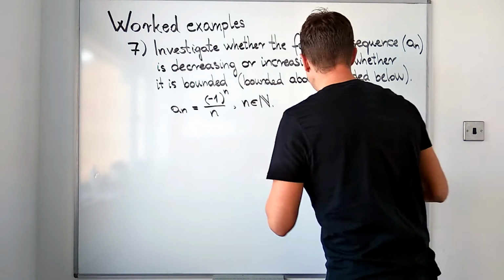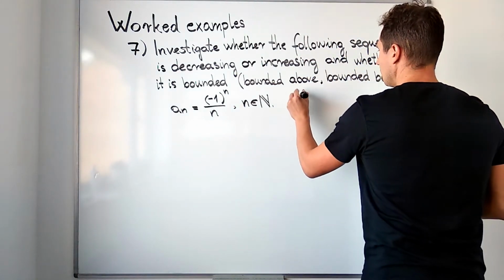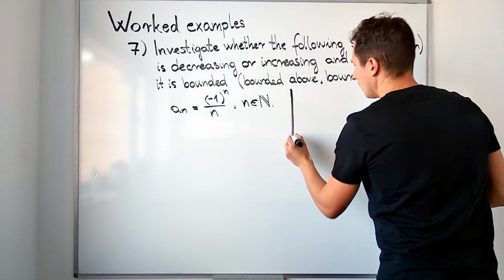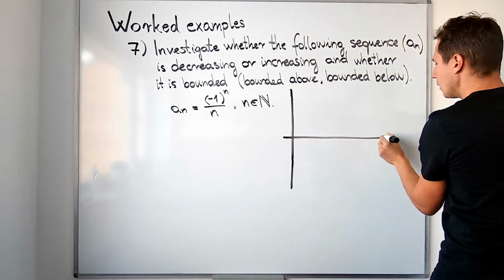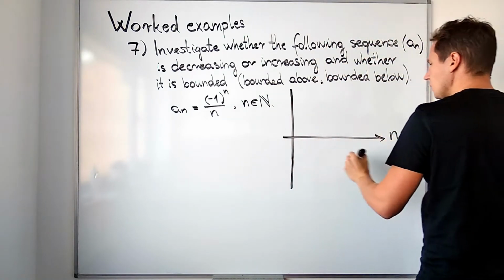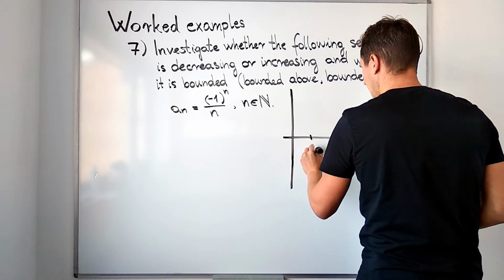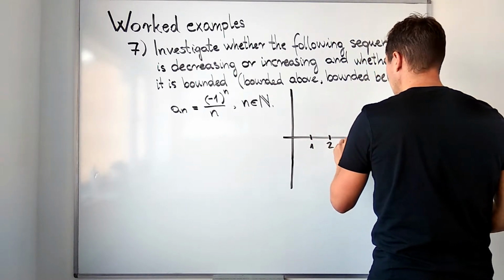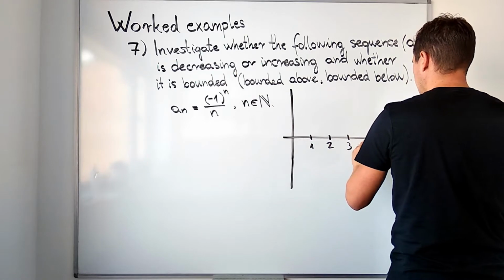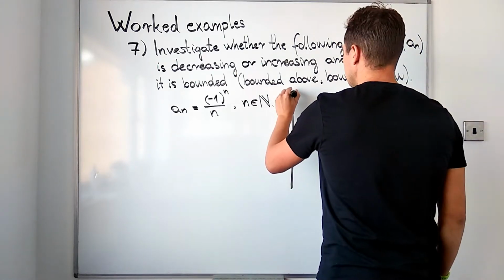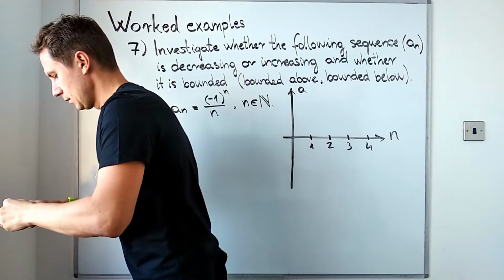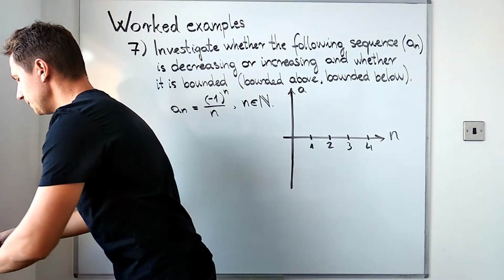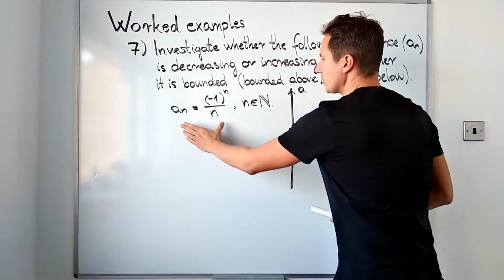So it is always a good idea, if we can, to plot the sequence that we are interested in by taking the horizontal axis and using it for the indices, and the vertical axis to measure out the terms in the sequence.